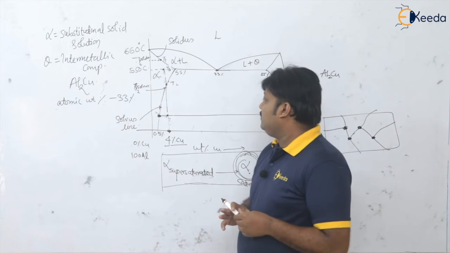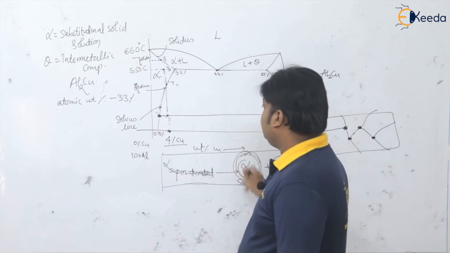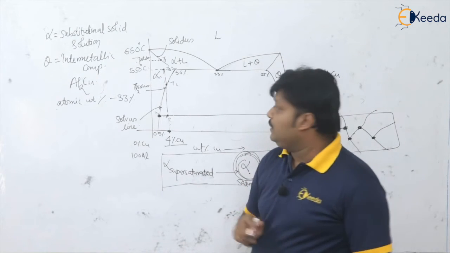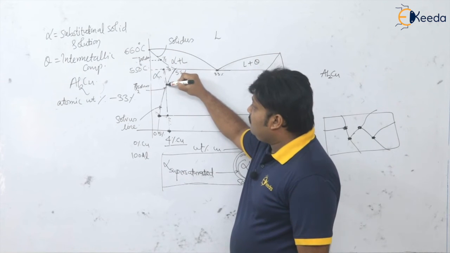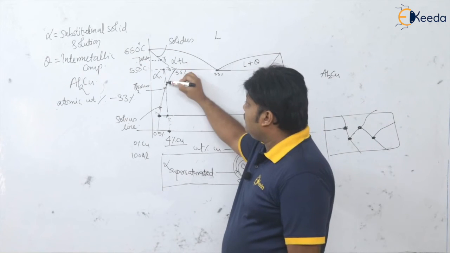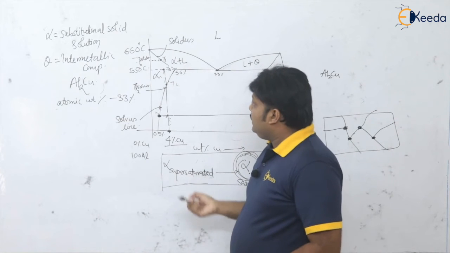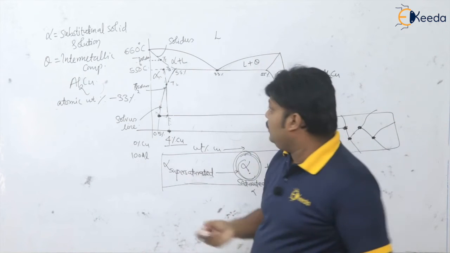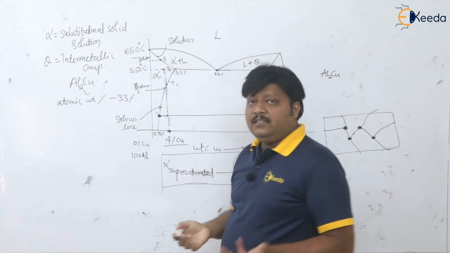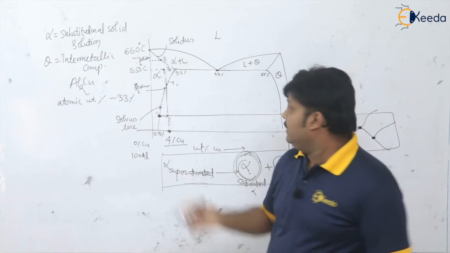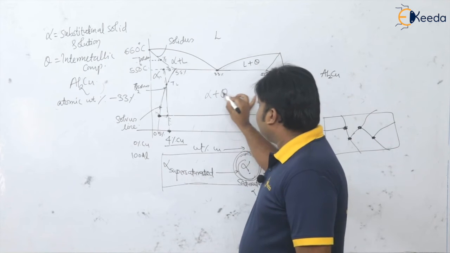So dear students, actually this is obtained after the quenching only. See, no doubt we are cooling this below the solvus line. So in equilibrium cooling also, if you slowly cool this alpha, we are going to get alpha plus theta here, isn't it?